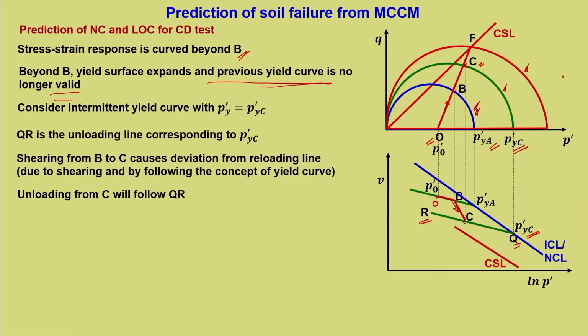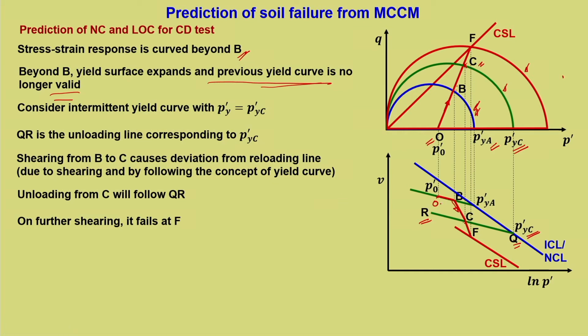Now, let us say that you are unloading from point C, that is you have sheared. Now, let us consider that you are unloading from point C. So, what will happen? It will follow this particular unloading reloading line, because now it will become more like an elastic behavior if you are unloading from point C. But if you continue to shear, it will fail at F. That is the normal response that we know and it is like this.